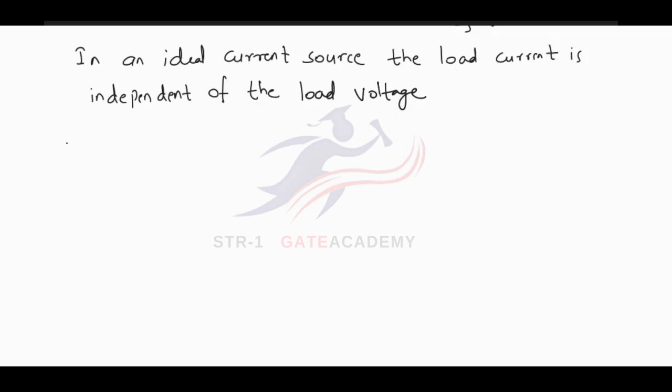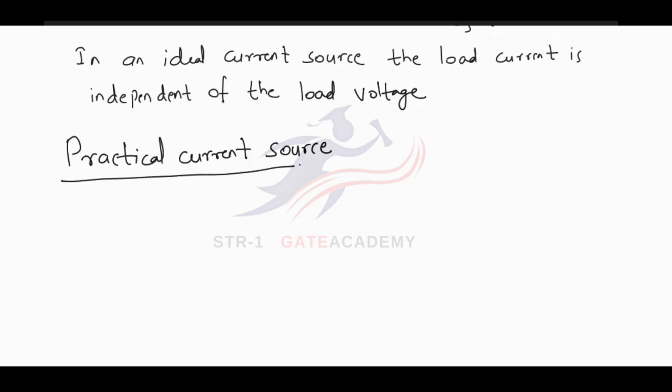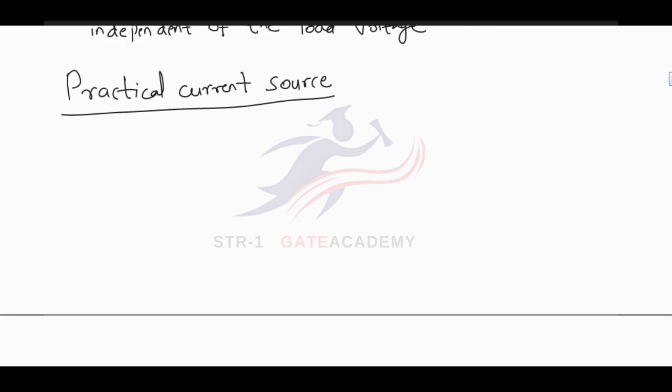Next we will consider practical current source. Again, like voltage source, it will have an internal impedance, but here the internal impedance will be in parallel. So this is my ideal current source. To make it practical, I'll connect a resistor in parallel to the current source.